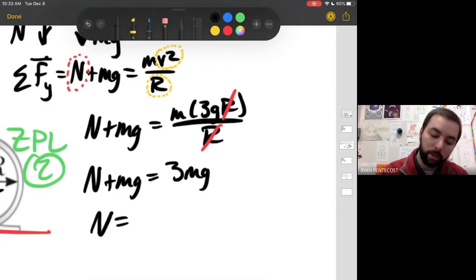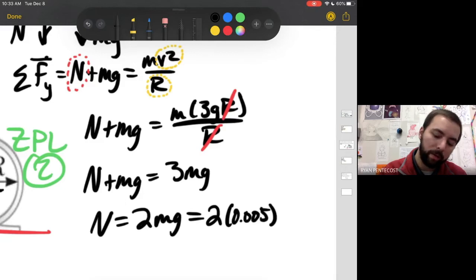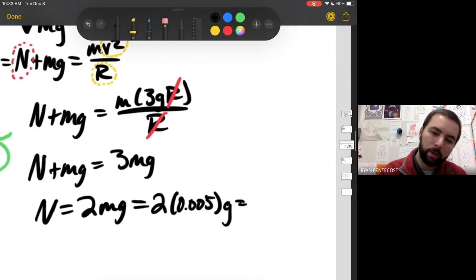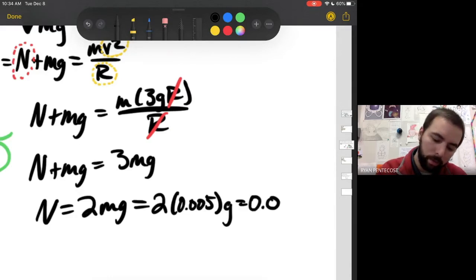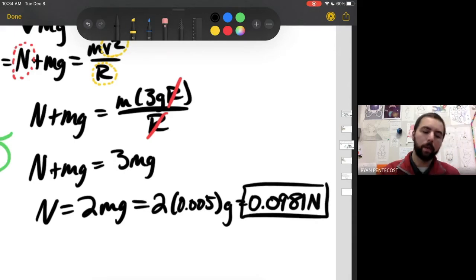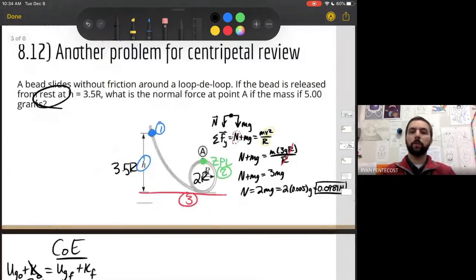Then just subtract that mg over, you get 2mg, which would be 2 times mass of 5 grams, so 0.005 times g, and you get 0.0981 newtons. Bingo.